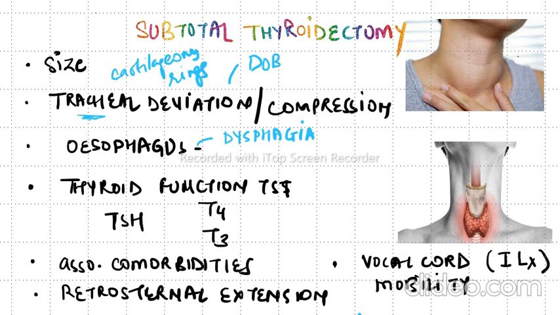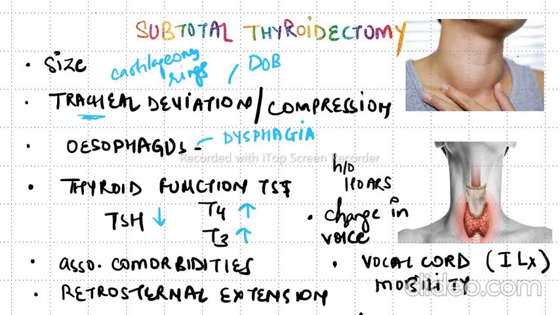In hyperthyroidism, we will get T3, T4 levels high and TSH levels low. You should also ask the patient about change in voice or history of hoarseness.